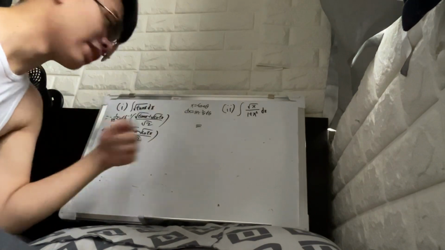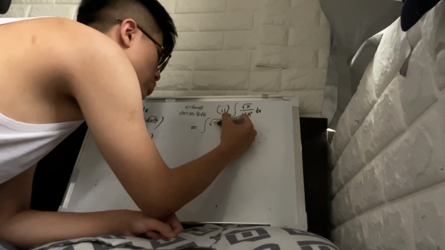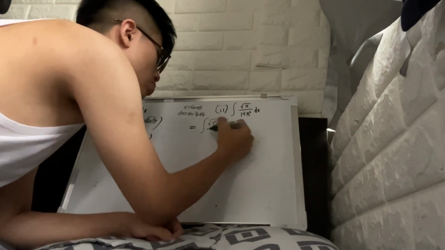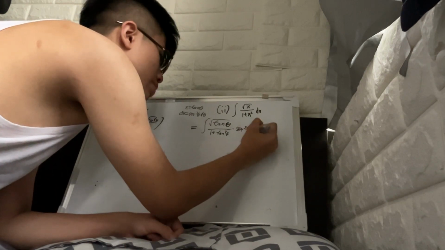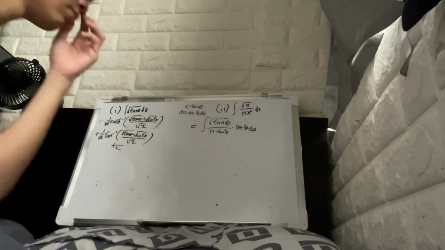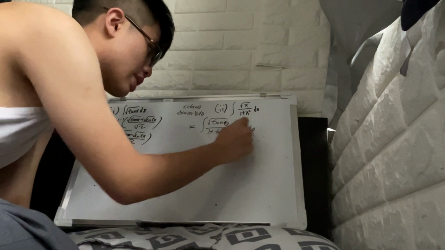So over here you get square root of tangent theta, not x, and then 1 plus tangent square theta, and then multiply by secant square theta d theta. So 1 plus tangent square theta, you just get secant square theta. So this and this, they are cancelled.